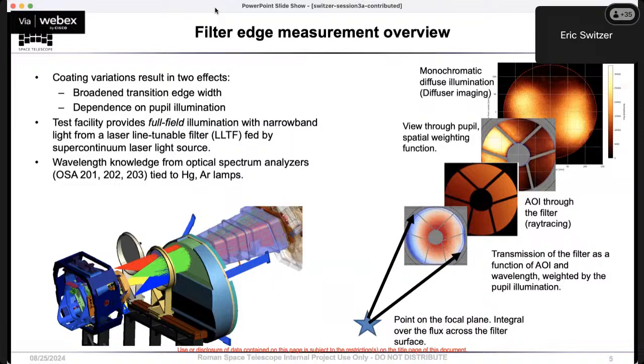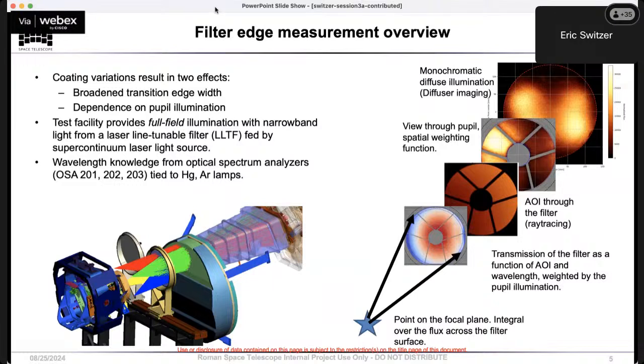The figure on the right shows the stack up of considerations that need to be included in the analysis. Starting at the top is an image of the diffuser where you can see the illumination spots of the 4 fibers. Then from a given point in the field, you'll see through the pupil mask to a region of that diffuser. That's the next level down.